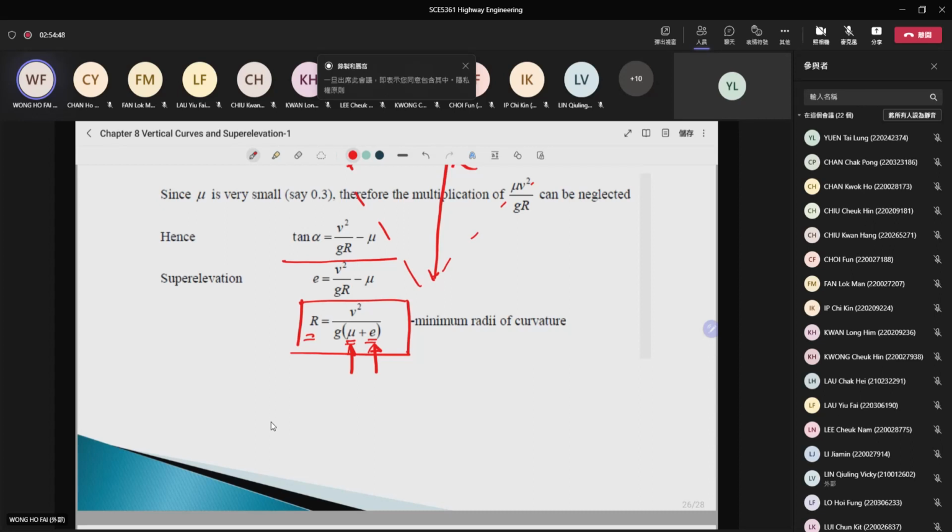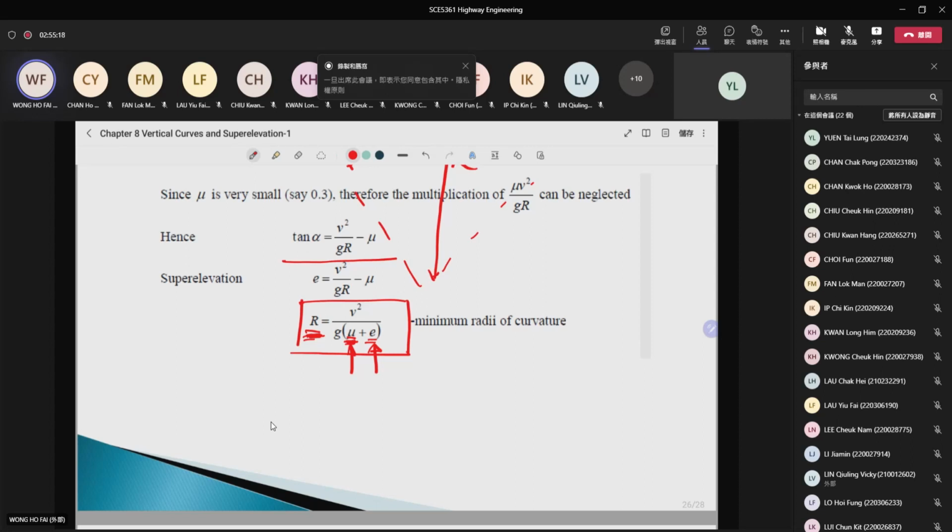And then if you do not have enough friction, what will happen? If you want to keep the same speed and you do not have enough mu, then what will happen? Your vehicle will slide away, right? Until the R is good enough to provide the frictions, because when the R is larger, then the friction coefficient can be smaller.